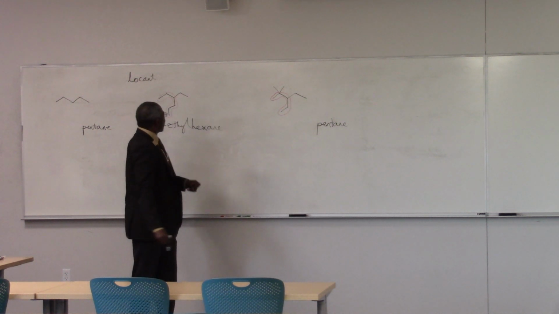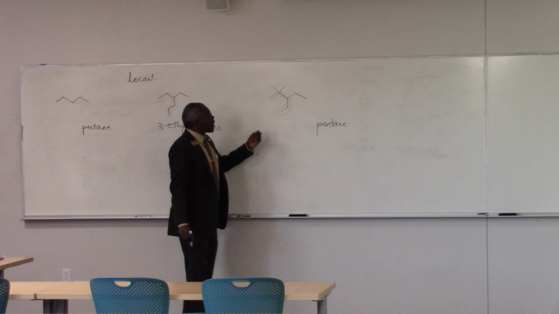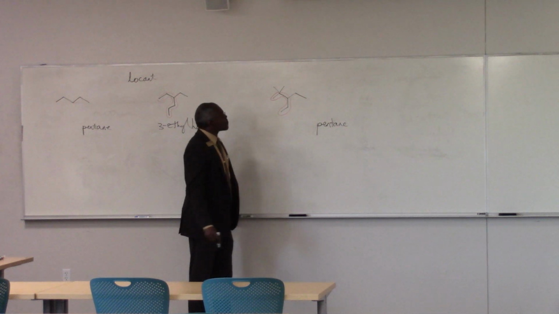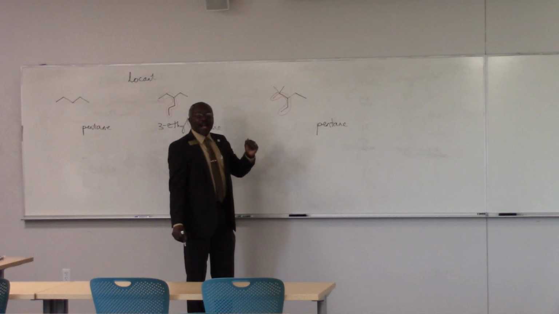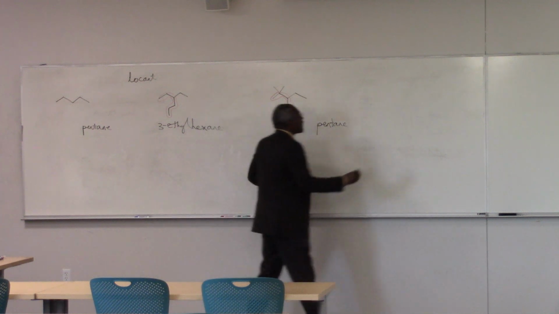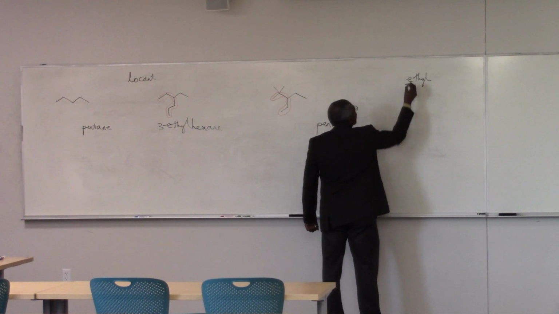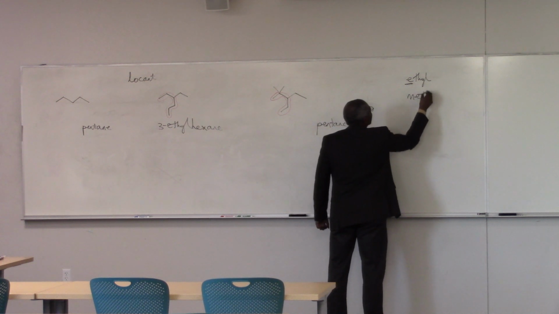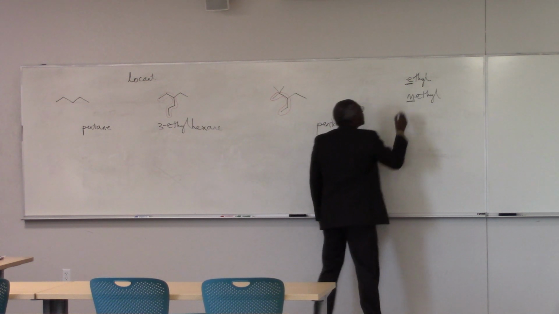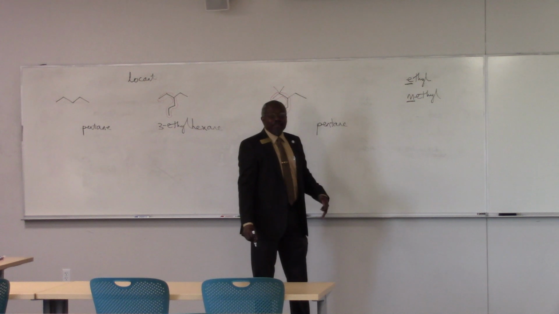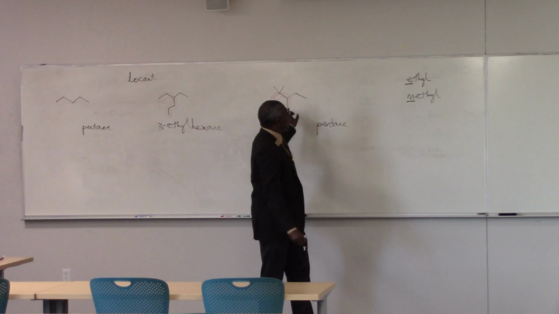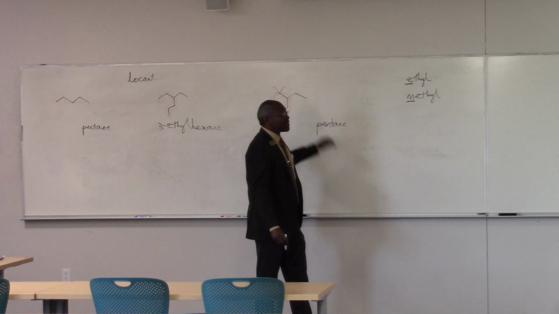So how do I arrange those? Well, we do it by alphabetization. So ethyl begins with E, methyl begins with M. So E precedes M in the alphabet. So I'm going to call this ethyl methyl.